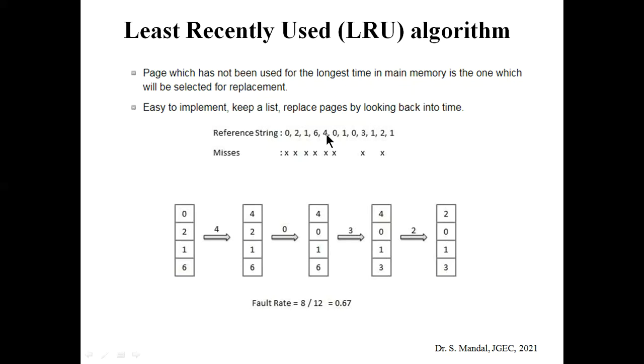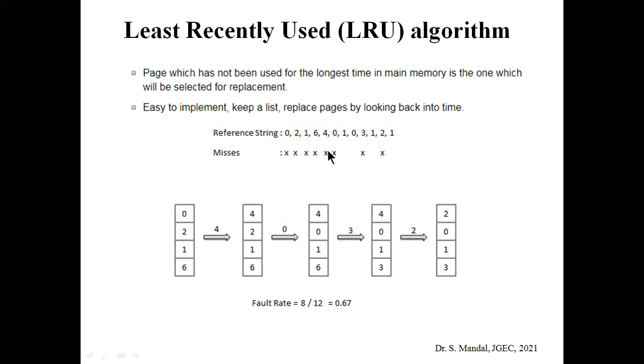Now coming to the 4. 4 needs to be loaded, so which should be replaced? You can see that the least recently used is 0, which has not been used for the longest amount of time. So 0 is replaced by 4. Next 4, 2, 1, 6.